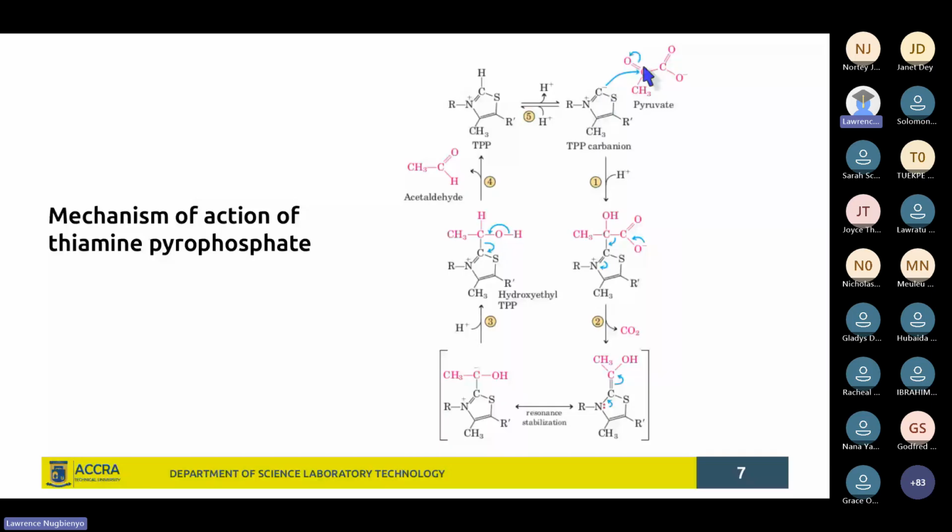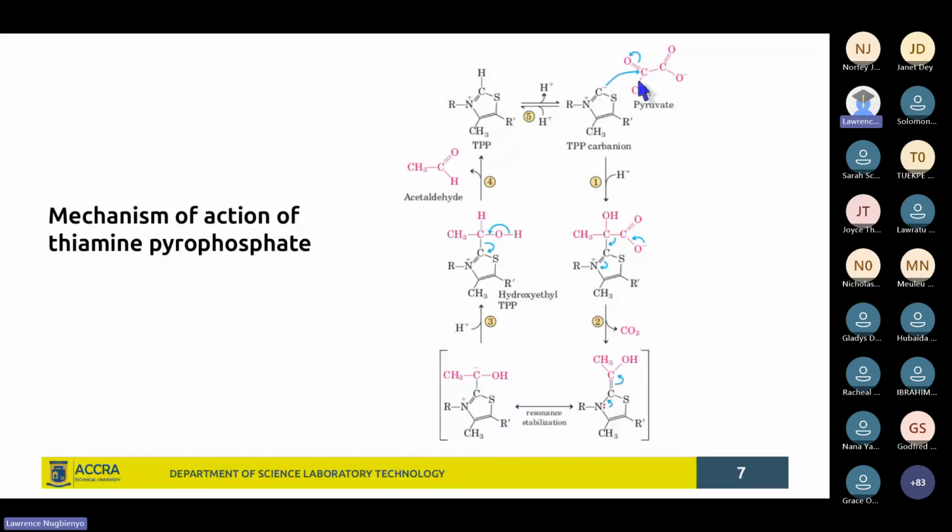And you see the hydrogen is not there, because that was the reactive hydrogen, which easily goes off, and you have a carbanion. So that carbon is carrying a negative charge, which can have a nucleophilic attack on that carbon with the keto group there.